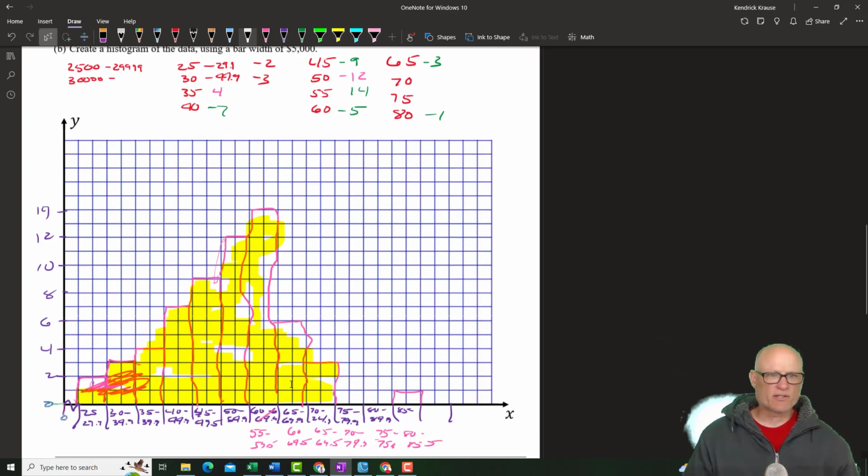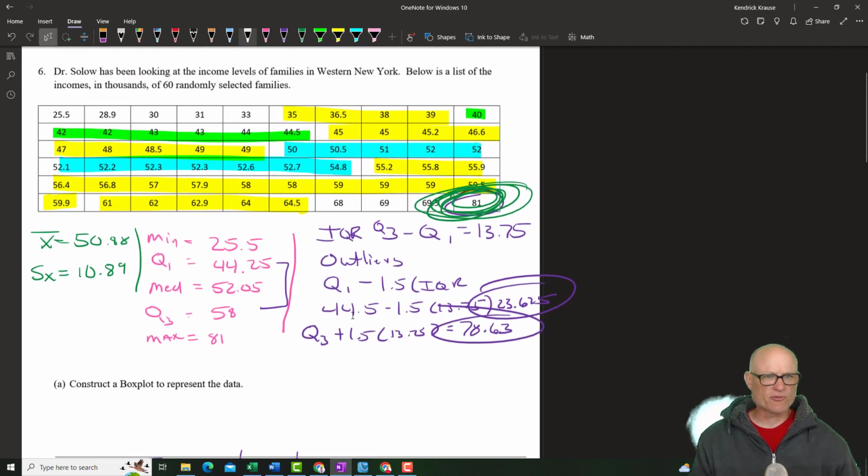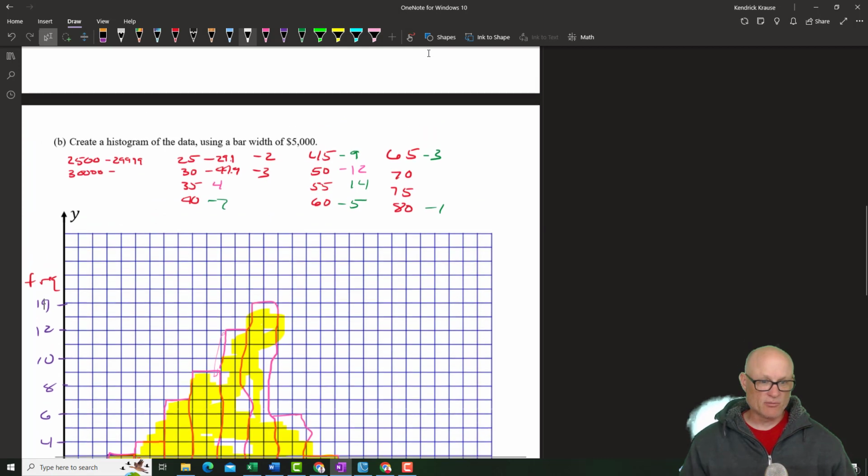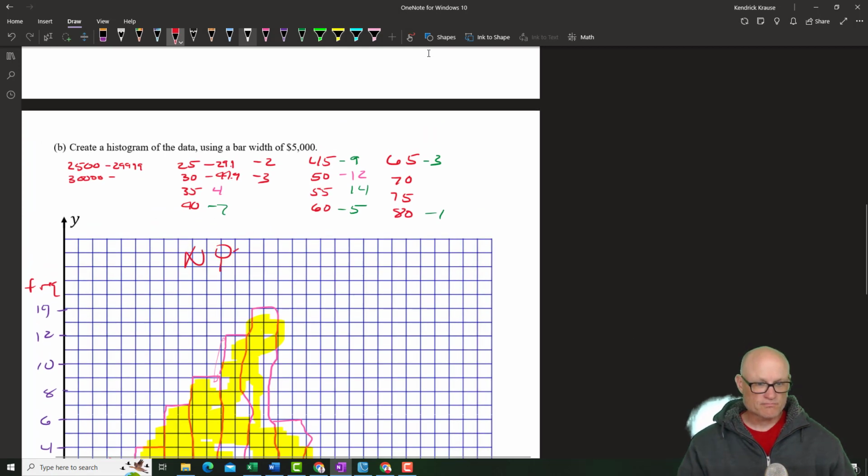These are household incomes, right? You got to put income down here. Frequency goes over here. Then the title is New York State household incomes.